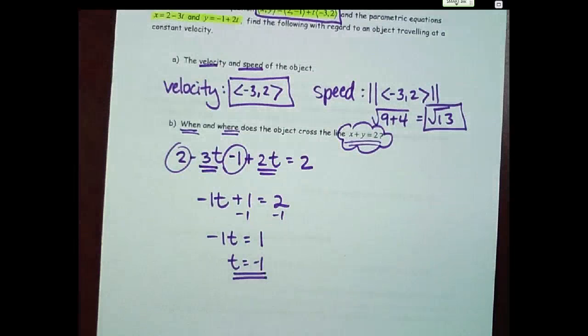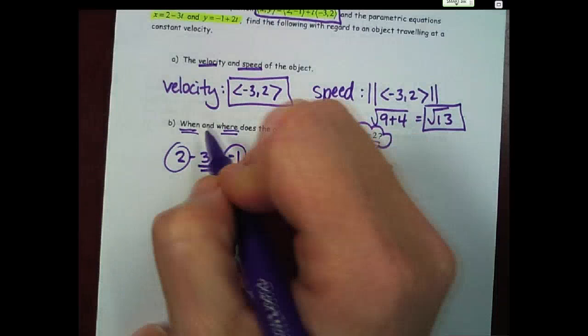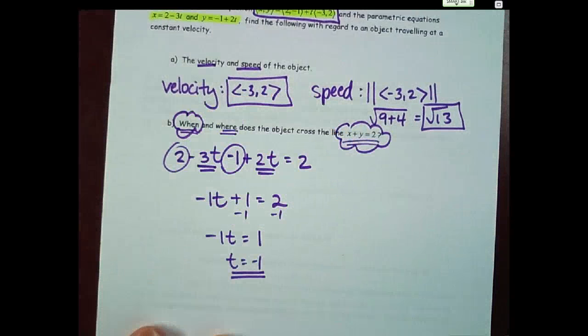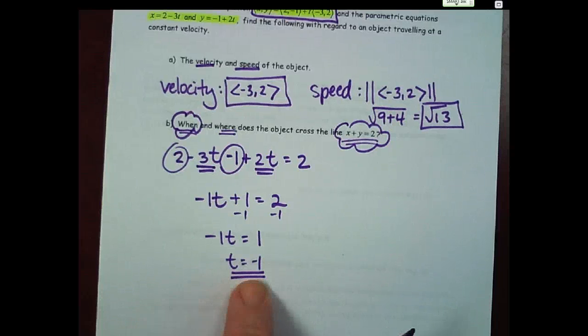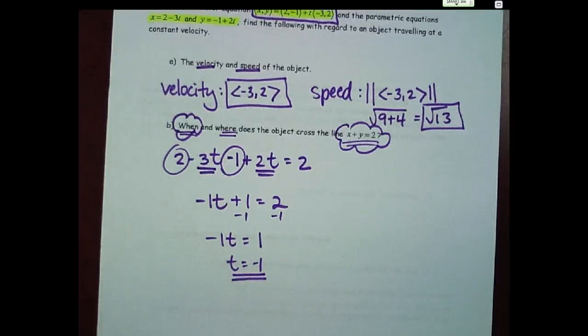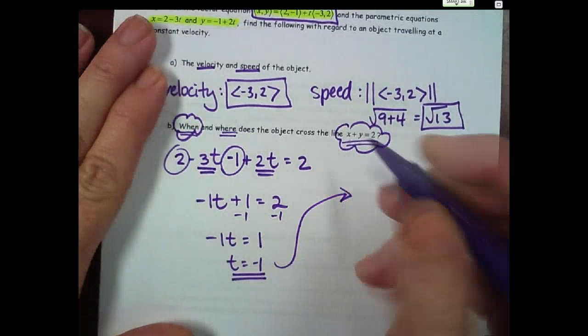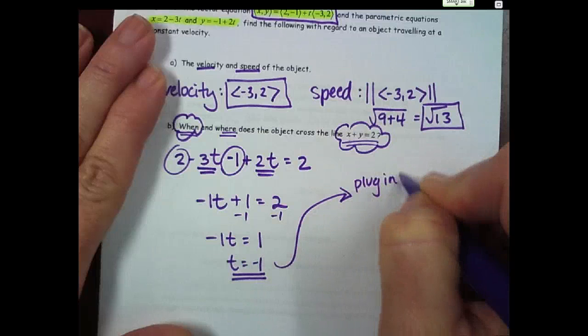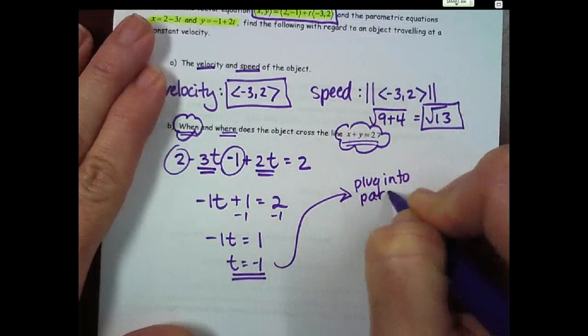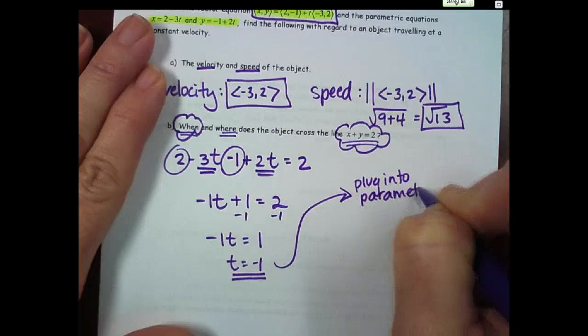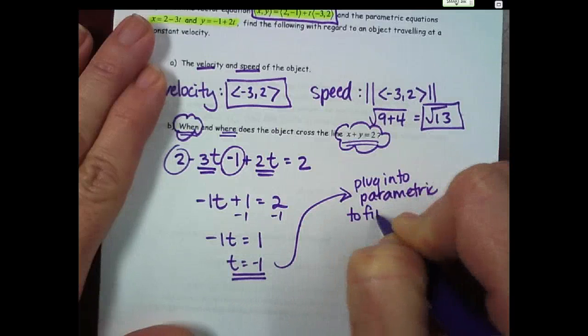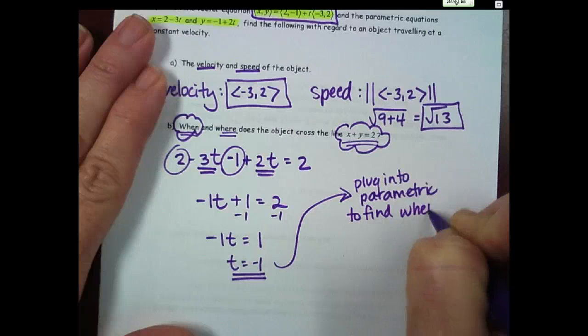Now then, the next thing, so we found when. That's t equals -1. Now it wants where, right? To find where, if time is -1, how could you find x and y? Where could you plug the time in to get x and y? Into your parametric equations. So plug into your parametric equations.